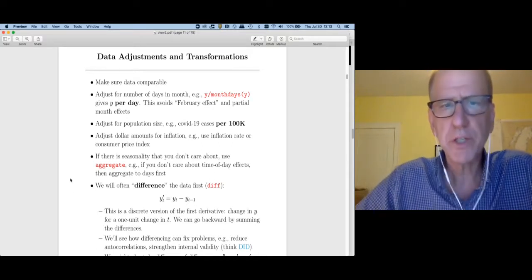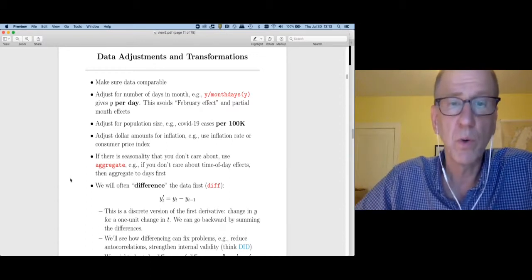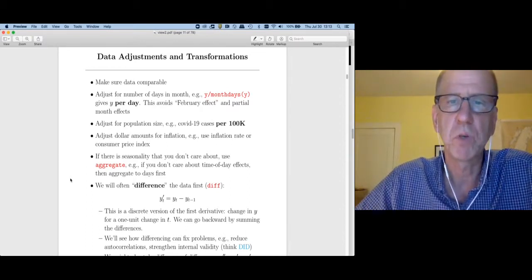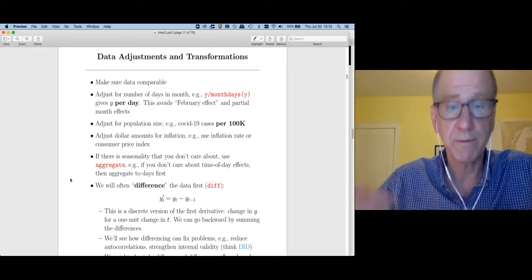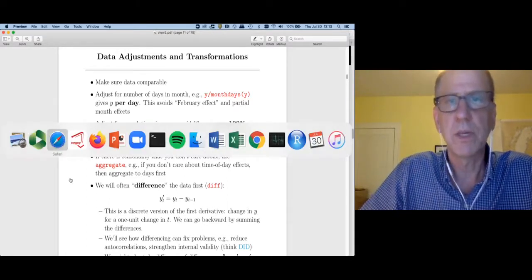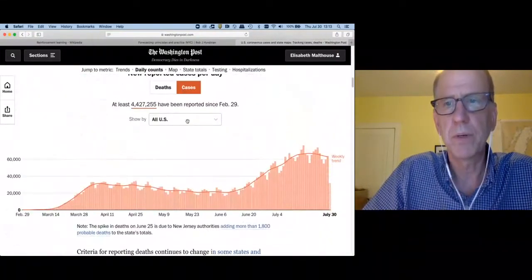Another transformation that we may want to do is to ignore certain seasonalities. So I've already mentioned this in a previous video, but we can use the aggregate command to get rid of, for example, time of day effects or day of week effects. So just take us back to the newspaper here.